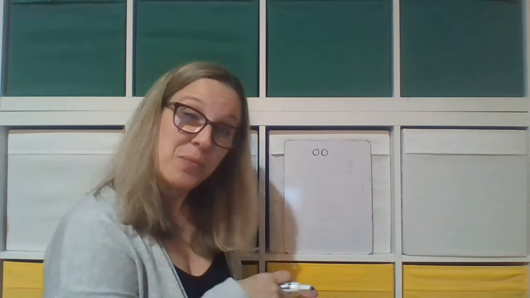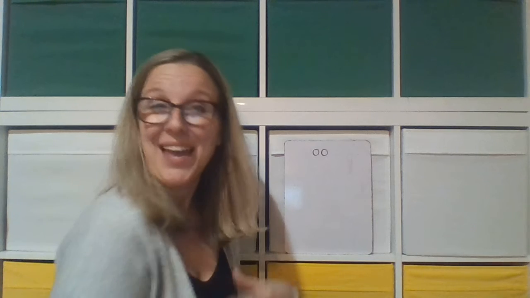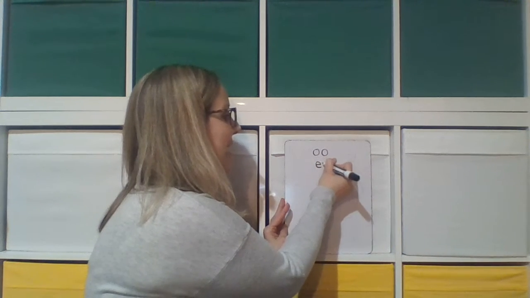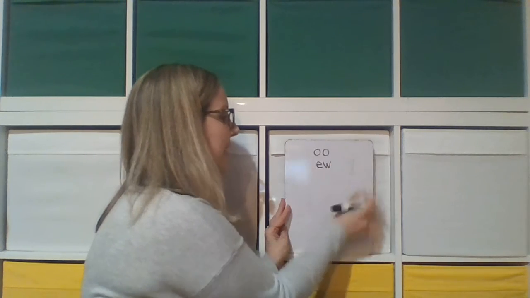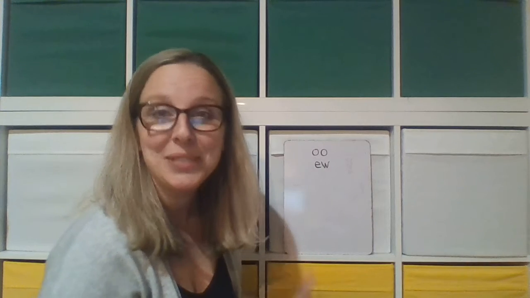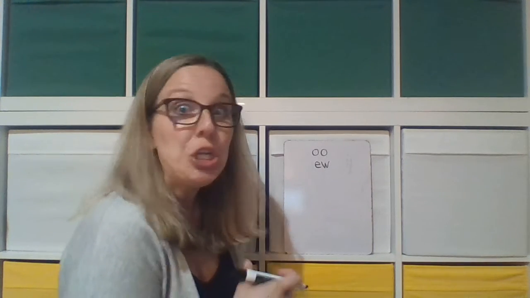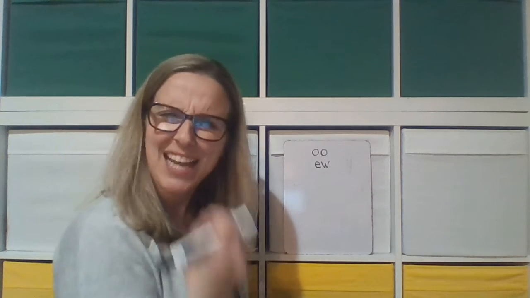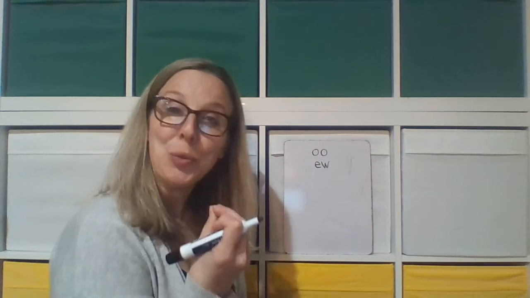Another way when we're reading and writing that we can make that ooh sound is with an E and a W. The E and the W also make that ooh sound. Words like new and the wind blew, those have that EW to make ooh.